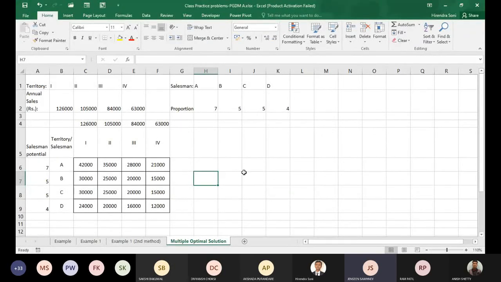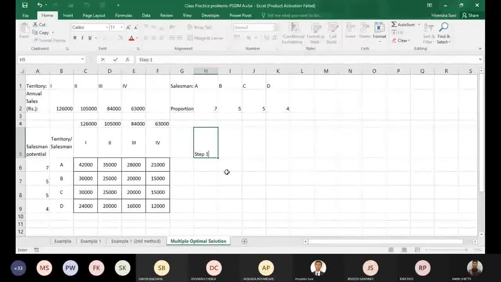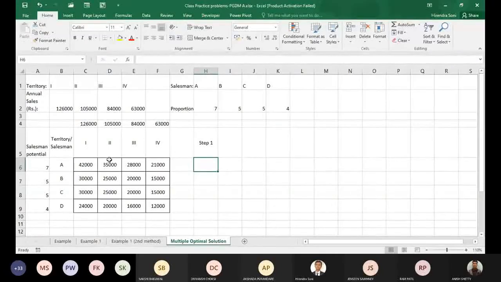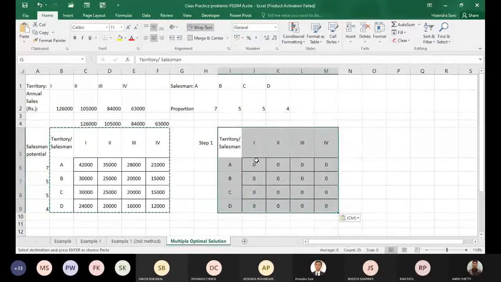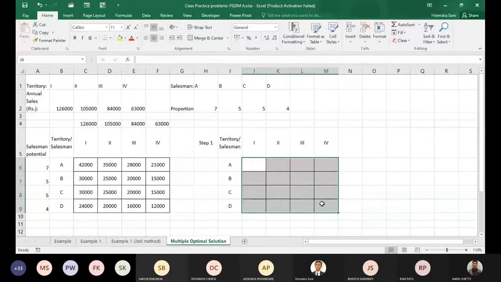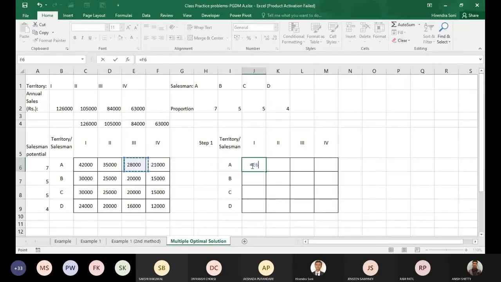Fine. The step one would be: we'll have equals to this value minus minimum of this.